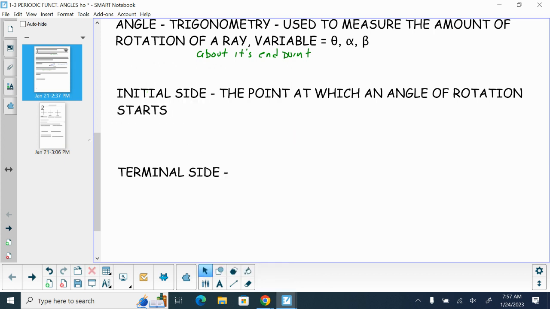It's the location of the point at which an angle will start its rotation. You have to have an initial ray there. Once again, you can pick any of the Ray brothers: Jimmy, Earl, Billy Ray, any of the Ray brothers. So here's an initial side.